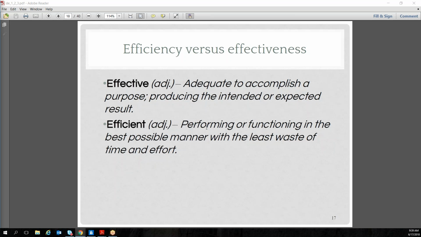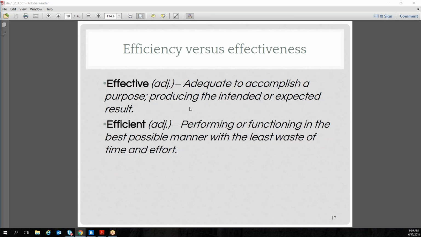What does it actually mean? Efficient means performing or functioning in the best possible manner with the least waste of time and effort. But whatever we are doing in the best possible manner, whether that thing is achieving our goals or not, in some other sense means whether we are effective or not.